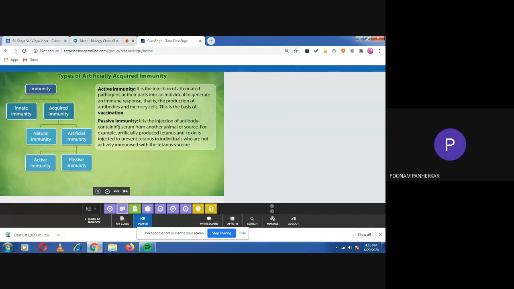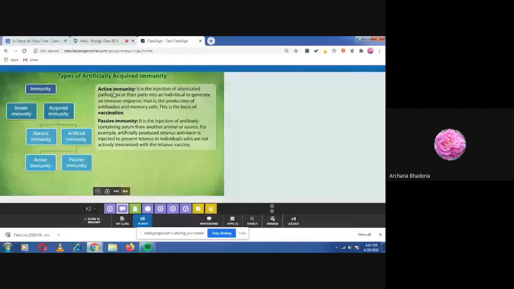And what is passive immunity? That is, you find that the immune system of the body will not play any role. From outside, the prepared antibodies are given into the body, injected into the body. Did you get it? For example, the vaccines we take, BCG, polio vaccine, DPT, will be developing active immunity.